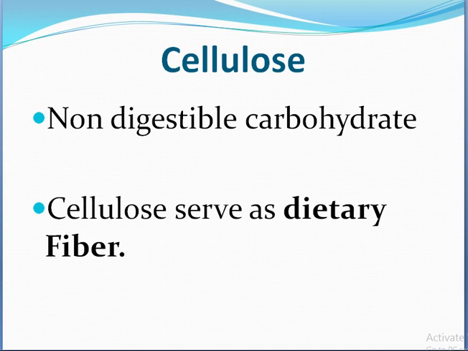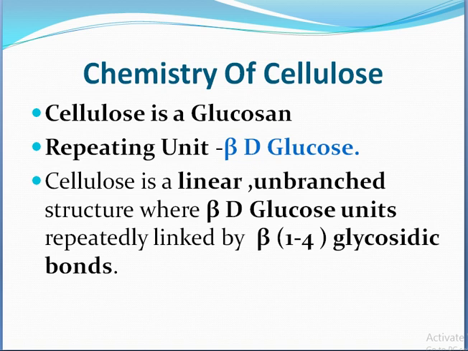beta-D-glucose units linked together by 1 to 4 bonds, as we can see here. Repeating units are there, they are linear and unbranched, with beta-D-glucose units repeatedly linked by beta 1 to 4 glycosidic bonds.